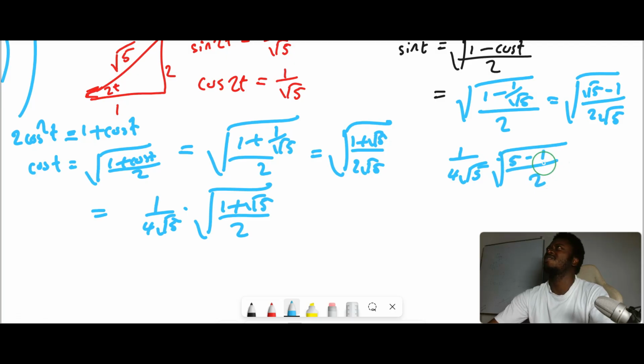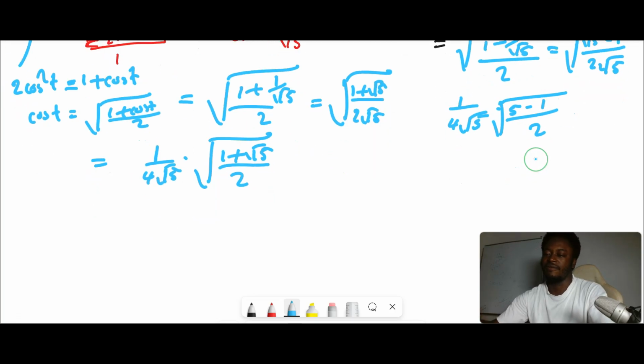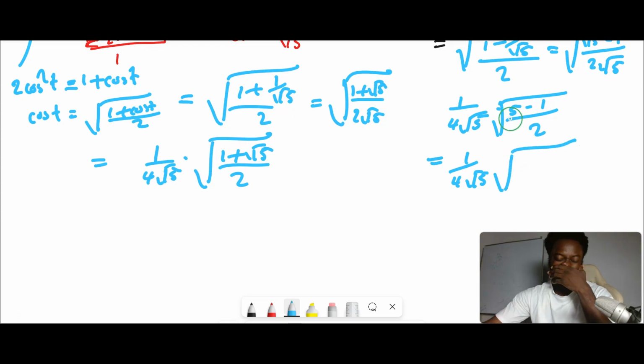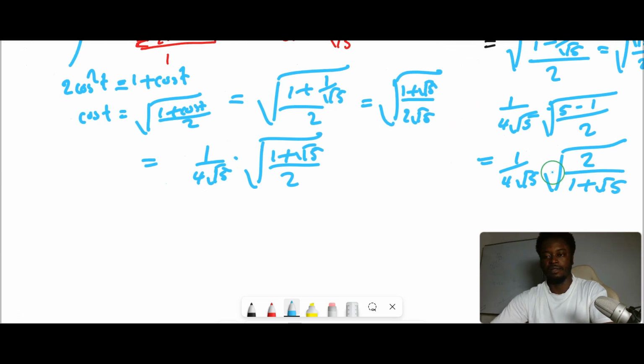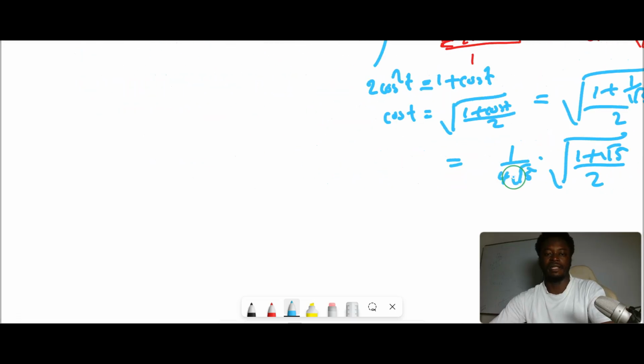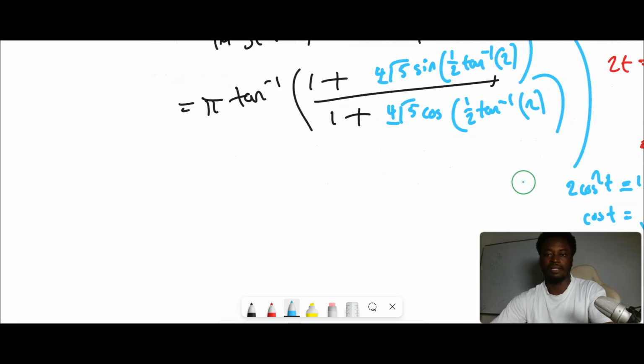If you multiply the top and bottom by square root of 5 plus 1, you will get this as 1 over the 4th root of 5 times the square root of 2 divided by (1 plus square root of 5). Yeah. So you have the values of sine t and cosine t.